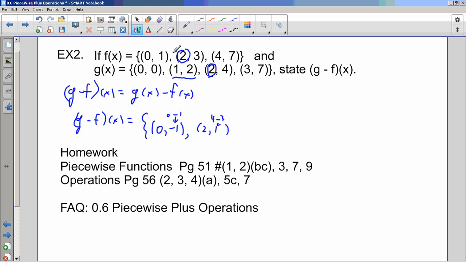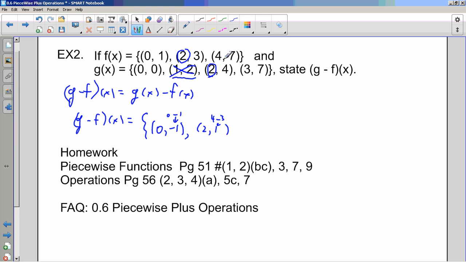Well, there was no point on F that has an input of 1. So I ignore that. It's like F was not defined for this input of 1. There's a gap there, so I can ignore that.